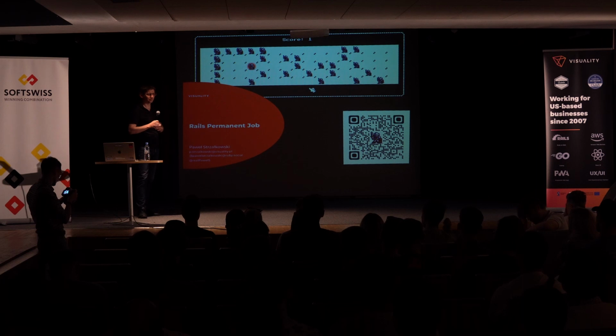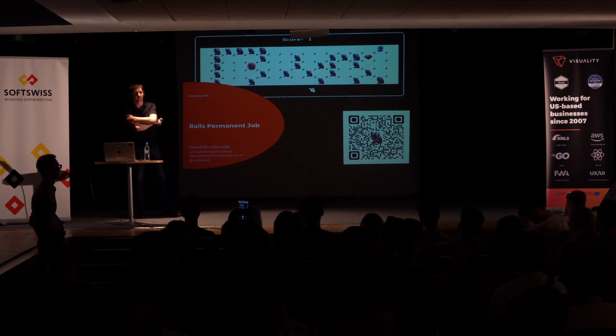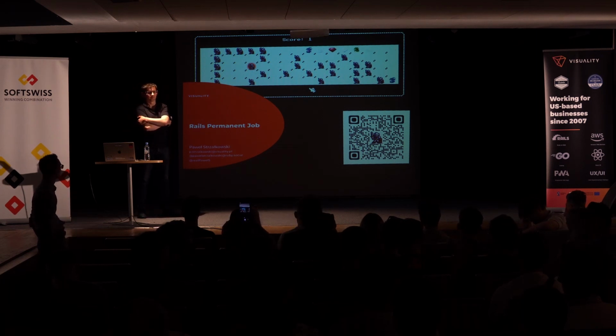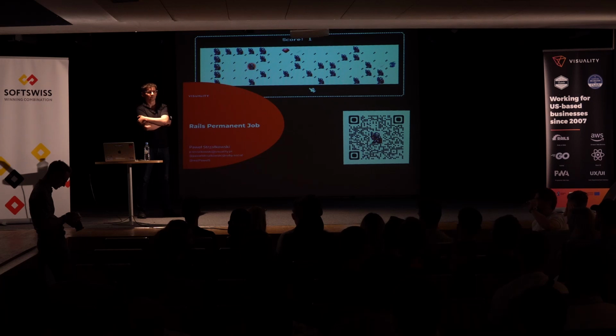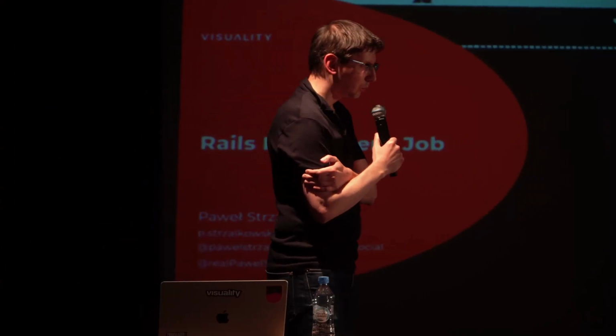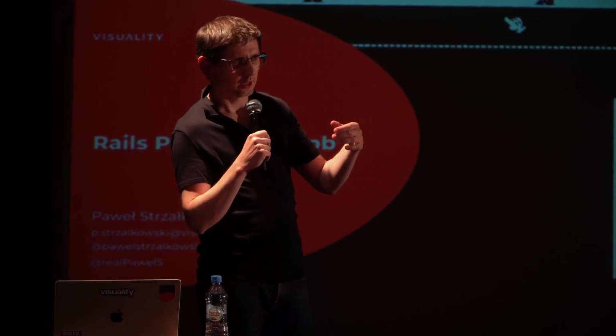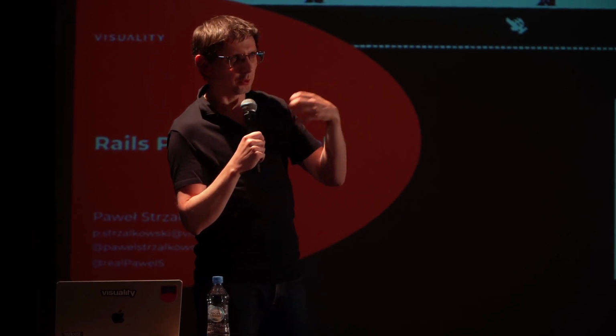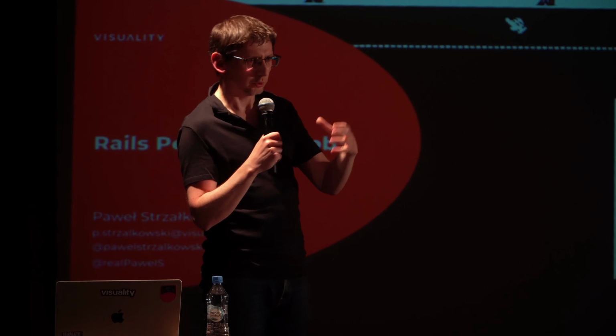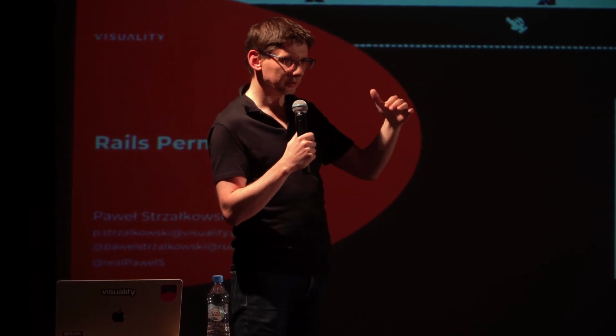Okay, I see. And the other question, what happens if you pass an array of 3 jobs and define 4 workers? Does each of them get 4 workers, or do they share this pool? Each worker will execute those 3 jobs one by one. If you have one worker, it will get all the jobs and run them sequentially.